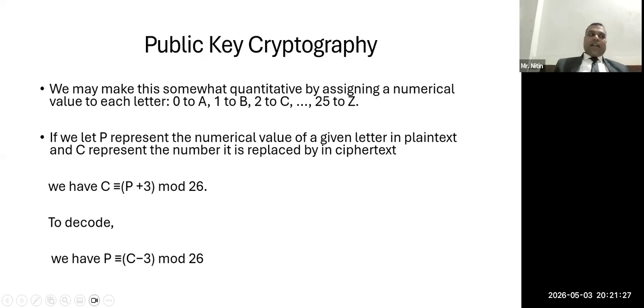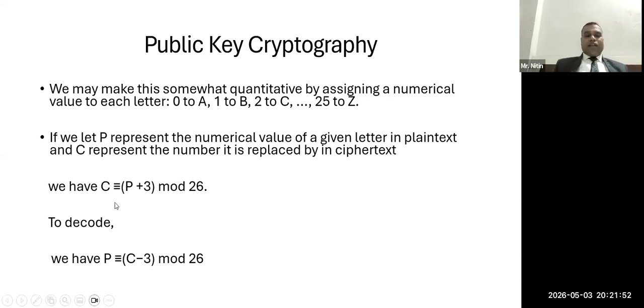So earlier a letter is replaced by a letter. Now we use these numerical digits, 0, 1, 2, 3, 4, to represent the letters A, B, C, D. So if we let P represent the numerical value of a given letter in the plain text and C represent the number it is replaced by in the ciphertext.